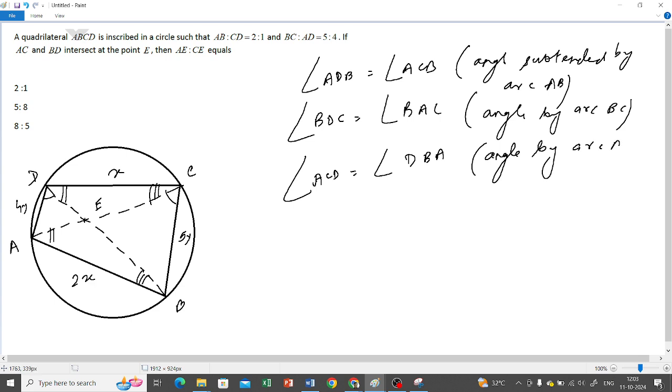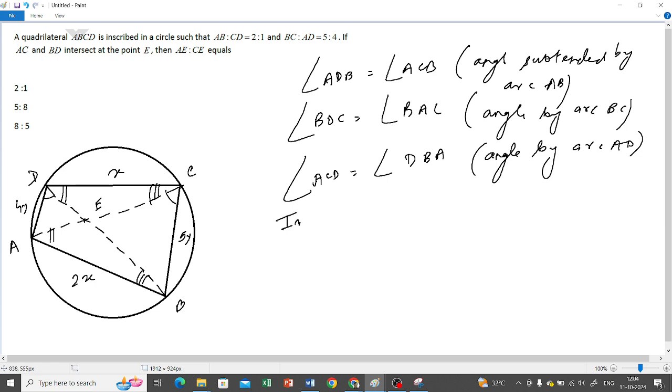Angle by arc AD. বুঝতে পারছো? হ্যাঁ স্যার। Okay, arc AD. Okay, fine.